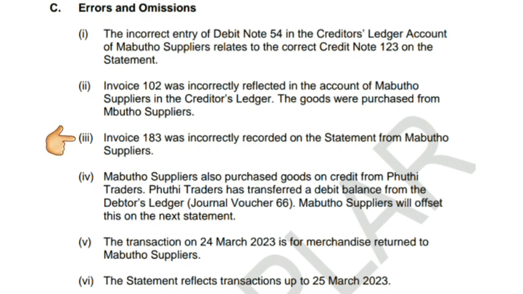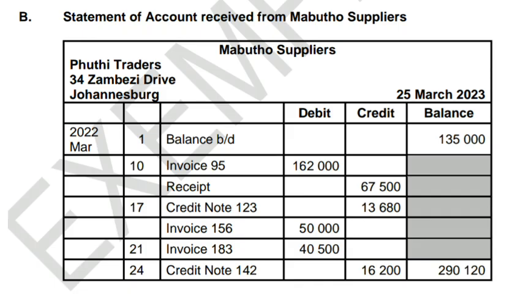Then we move on to Roman figure 3. In Roman figure 3, we have invoice 183. Remember, invoices mean that we are purchasing. It says that it is incorrectly recorded in the statement of Mabuto Suppliers. So that means the statement is the one that's wrong, meaning that our creditors ledger is correct. So we are going to look at the difference, what they did versus what we did.